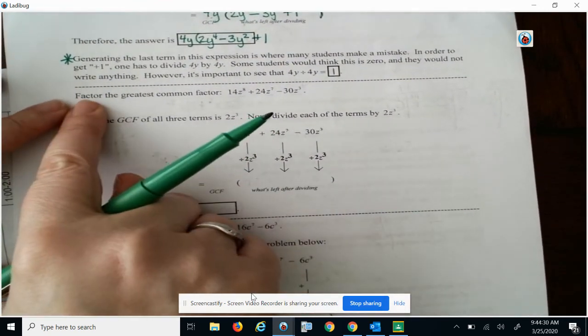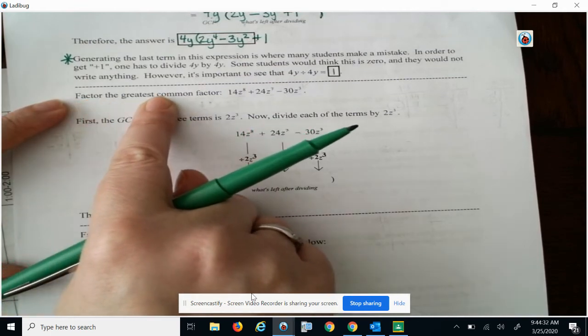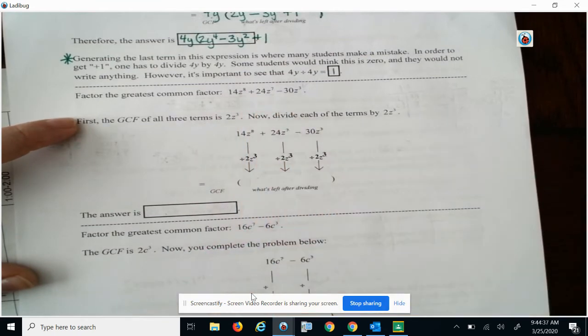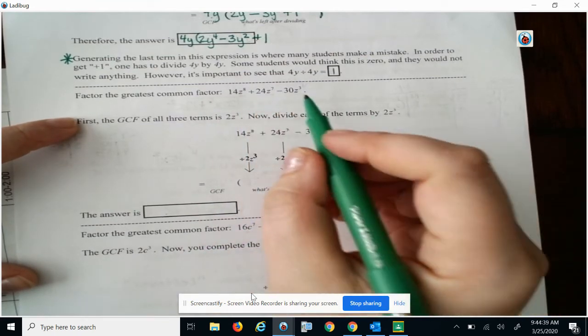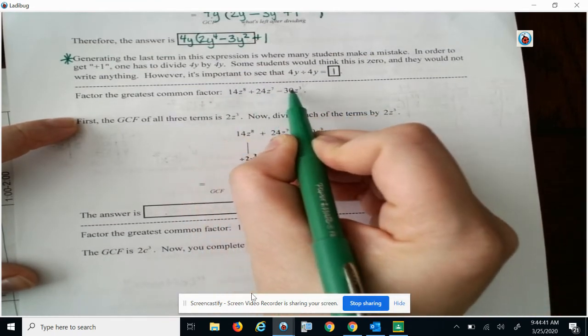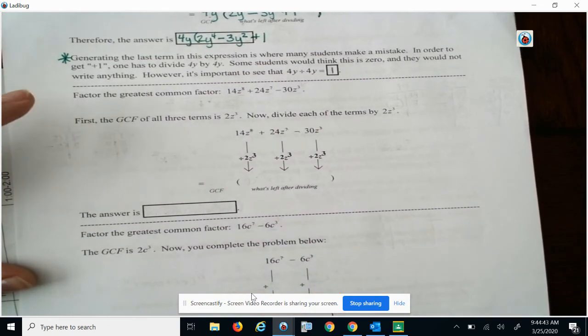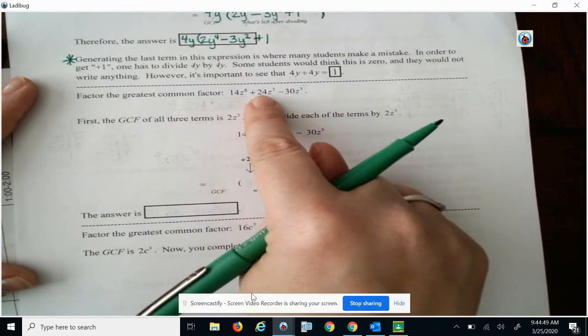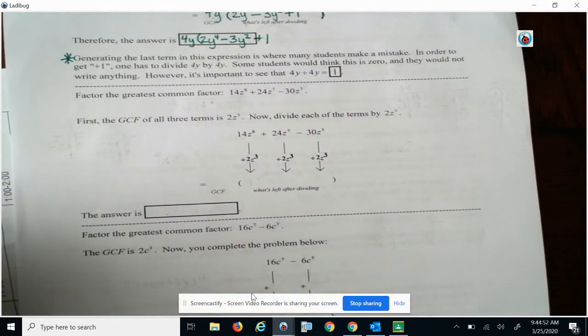Okay, now let's factor by the greatest common factor of this polynomial. Okay, so we're going to find the GCF of the numbers 14, 24, and 30. They're all even numbers. And other than that, it's 2 times 7, 2 times 12, 2 times 15. They don't have any other common factors there. 7, 12, and 15 do not, because 7's prime.